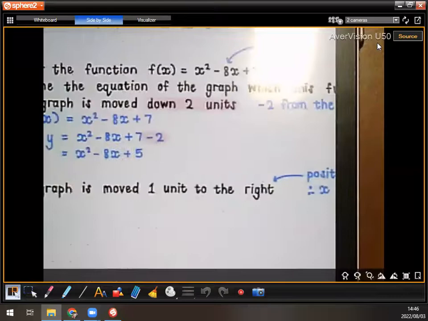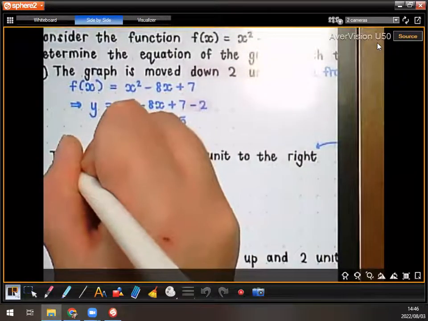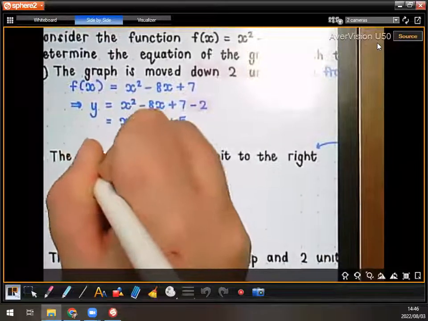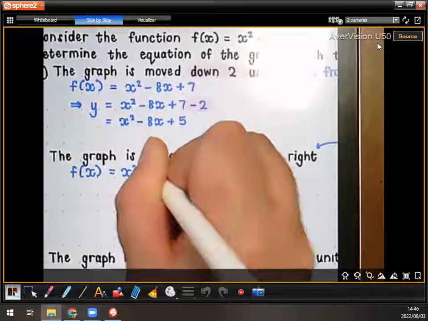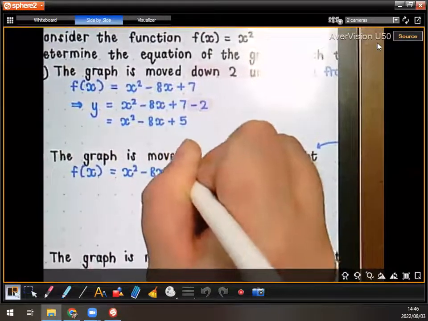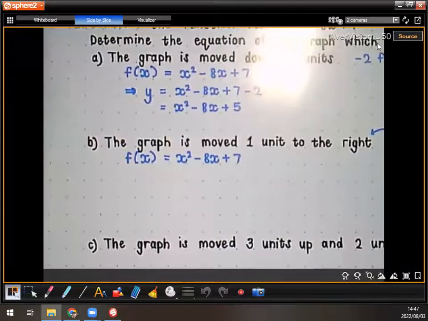Okay, so what we're going to do, I'm just going to rewrite f of x again. I think I'll do that every time so that we just know what we're looking at. F of x is x squared minus 8x plus 7. And I've made two x's in this equation. Both of those x's are going to become x minus 1.